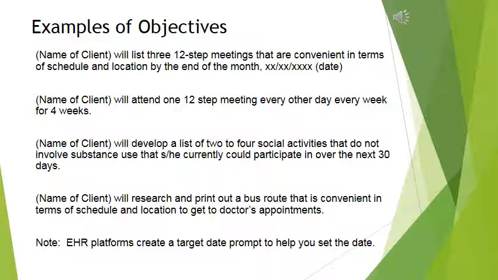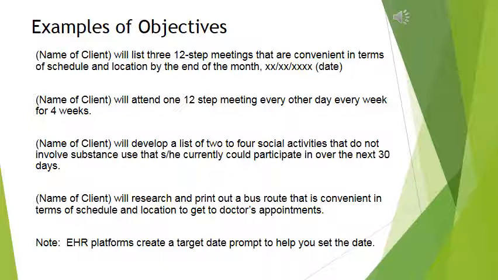It's relevant because if the client is trying to determine pros and cons, they may want to attend 12-step meetings to find out more information. And it's timely because it's perhaps a 30-day obligation or step that the client can take.